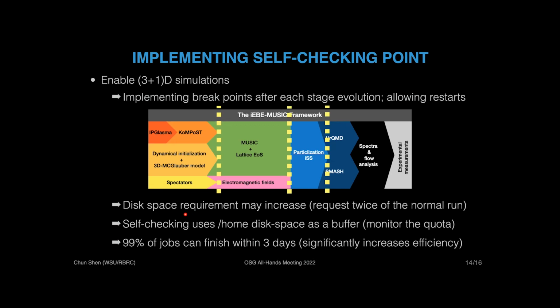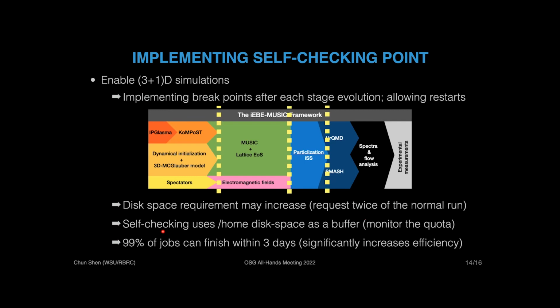An outcome from this is that we found a few practically useful things to know when we run this self-checkpointing mode. One is that the disk space requirement may increase slightly because we have the intermediate tar file that we need to store while we run the simulations. So it is quite useful to request twice the disk space usually used for your normal run. Twice will be a safe bet if we just blindly use the checkpoint.